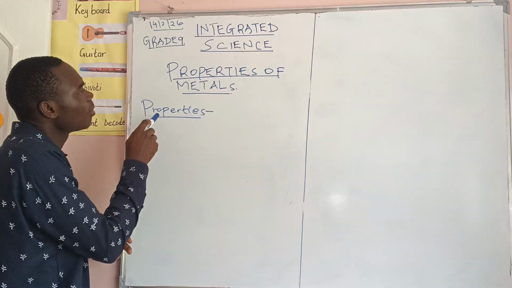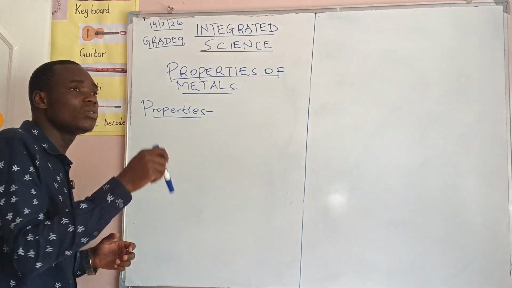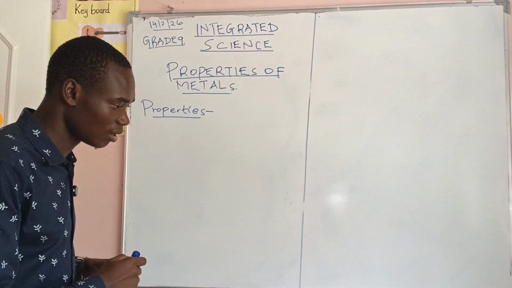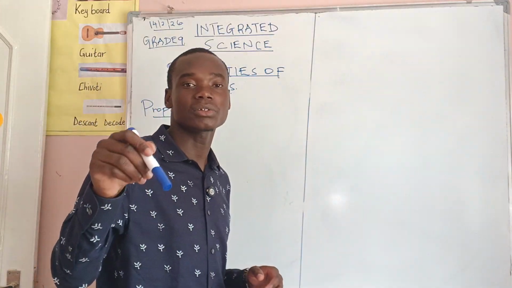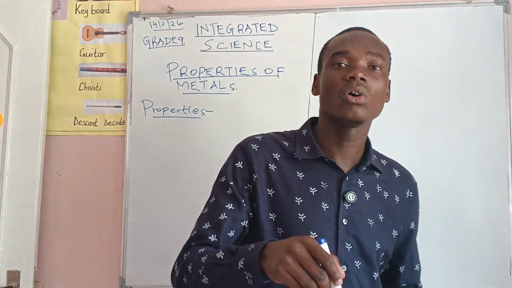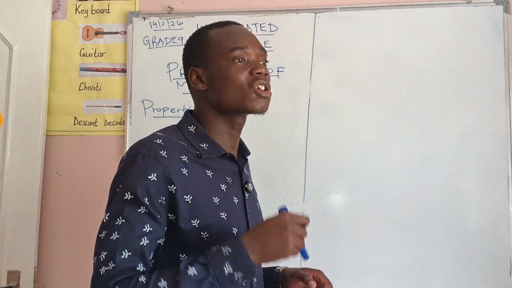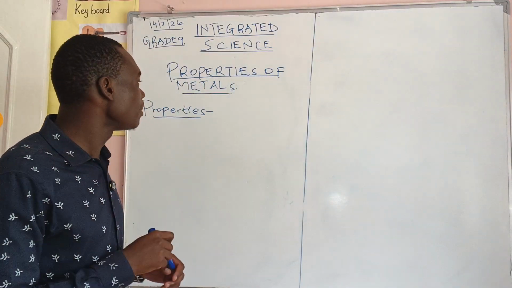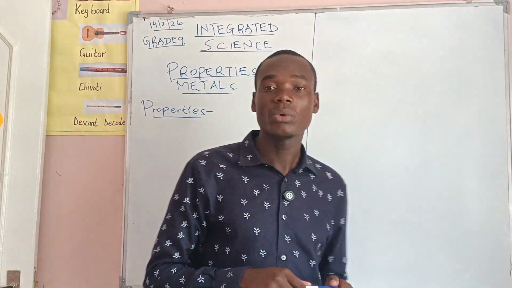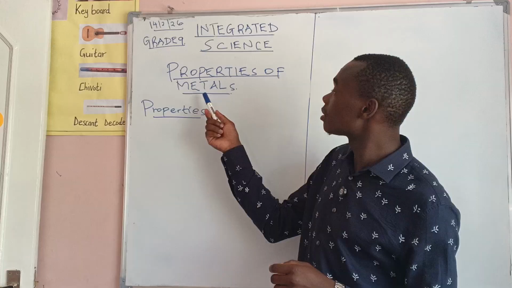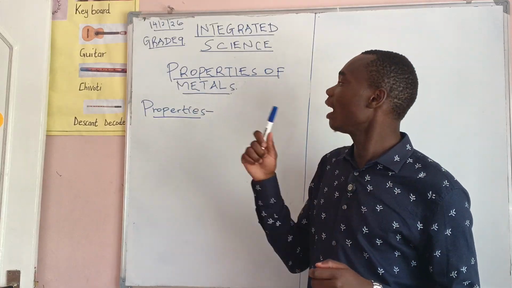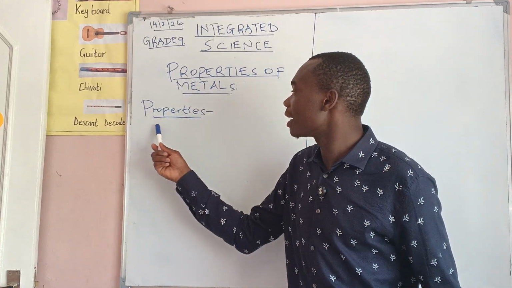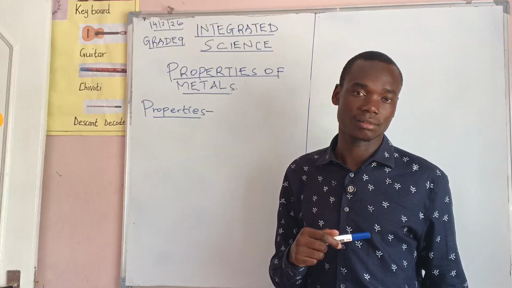We have properties of metals. What do metals have? What do metals possess? What do they own that qualifies them to be a metal? Yes, we want to look at what these metals have. In other words, properties are characteristics.